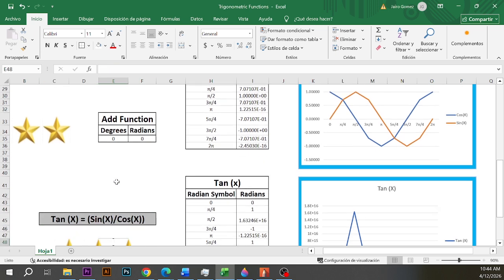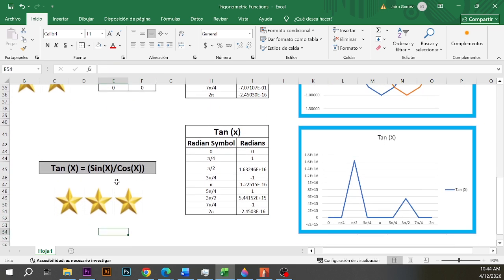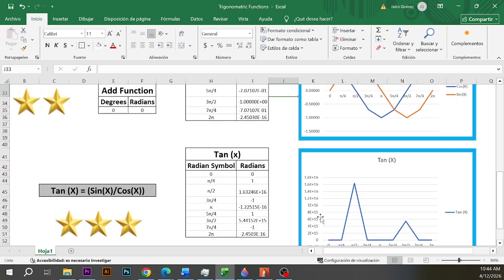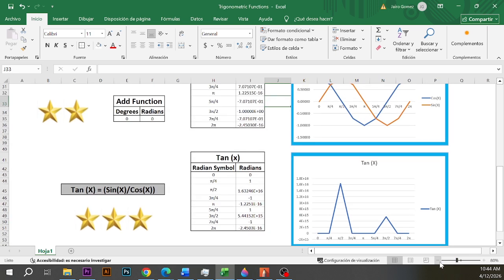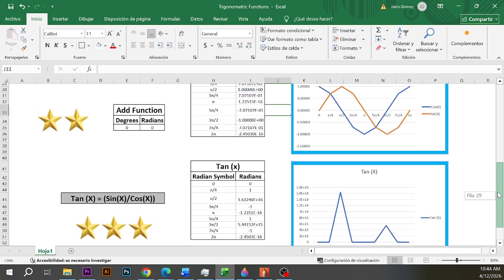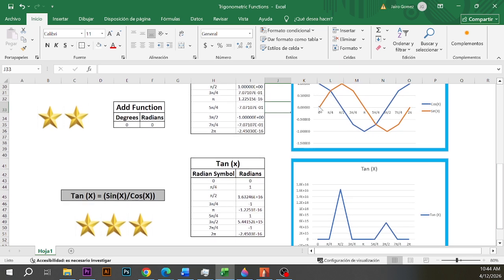And so you might be asking yourself, how does that affect tangent? Well, tangent isn't quite an obvious chart because it's sine over cosine. So let's look at the chart above, and let's make this a little bit smaller so that we have a good idea what's going on. When sine is 0, tangent is 0. When sine is 1 and cosine is 0, this goes towards infinity.